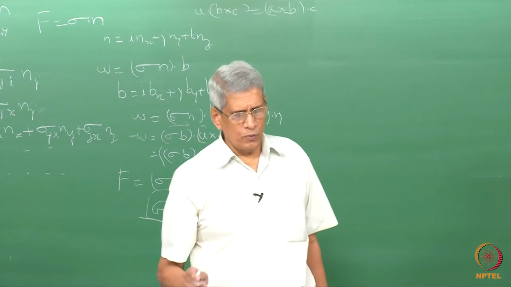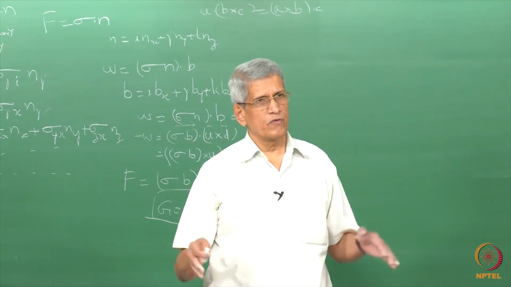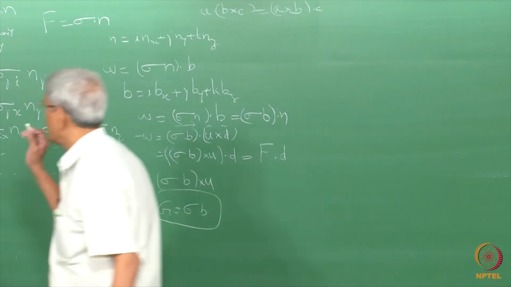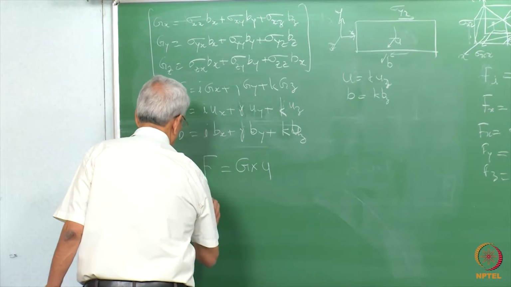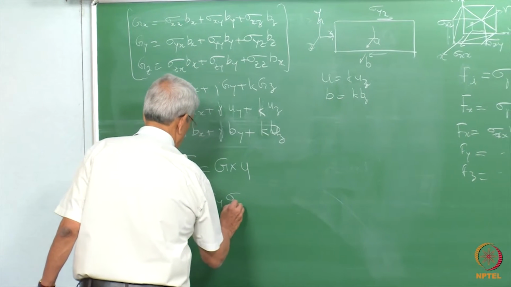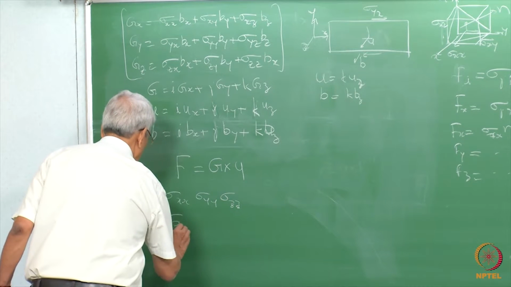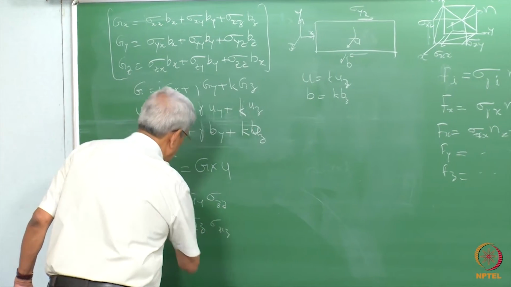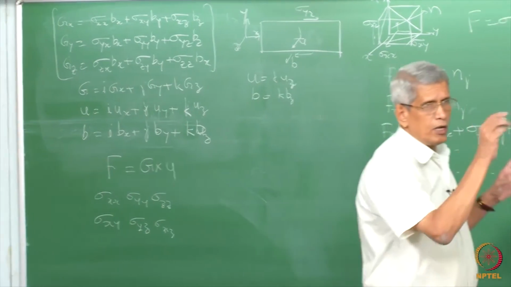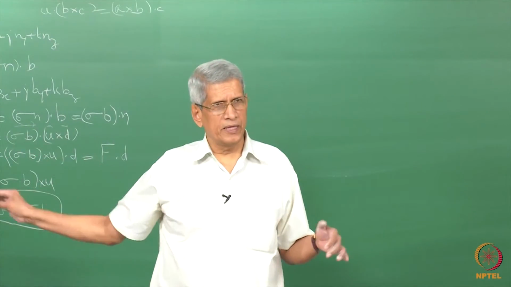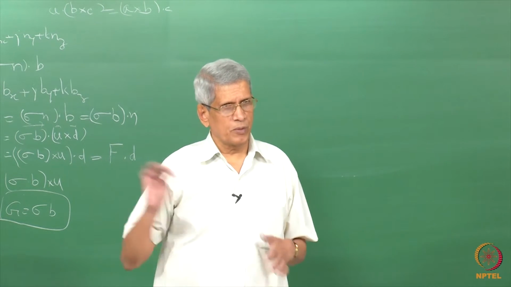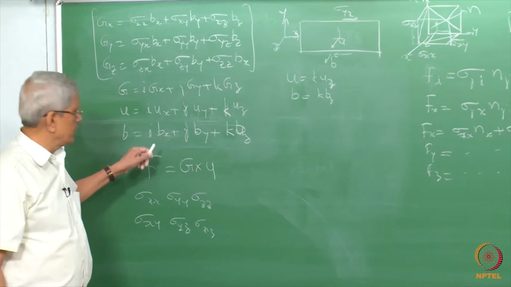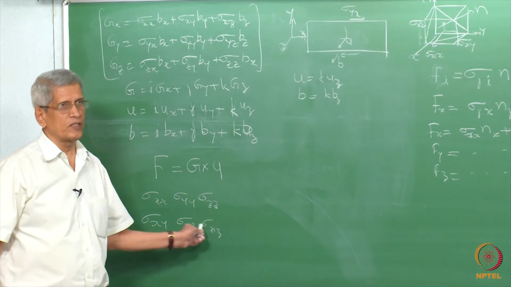Now, any external stress which you apply has components along the various directions with respect to a coordinate axis. There are 9 components: sigma xx, sigma yy, sigma zz, then sigma xy, sigma yz, sigma xz, and so on. But the ones which will have an effect are only sigma yz and sigma xz, because that is where the displacements are.